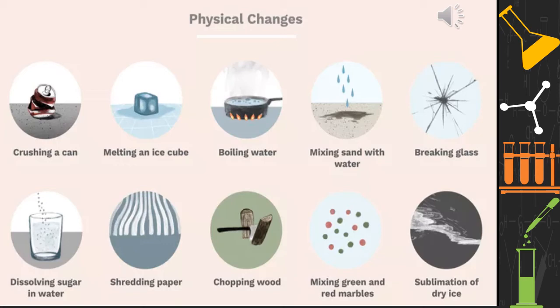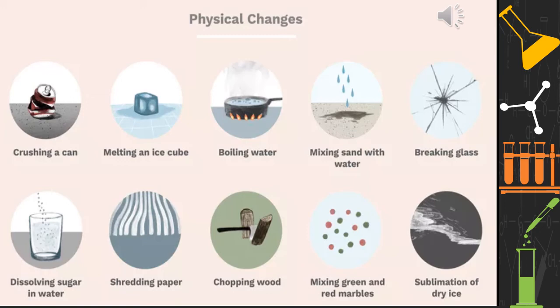Shredding paper. The size of the paper changes here. Hence, it is again a physical change. Same is chopping wood, where wood is being cut into pieces. No new substance is being formed. Mixing green and red marbles. It is again physical mixing, where you can easily separate green and red marbles, and you can see there is no new substance formed.